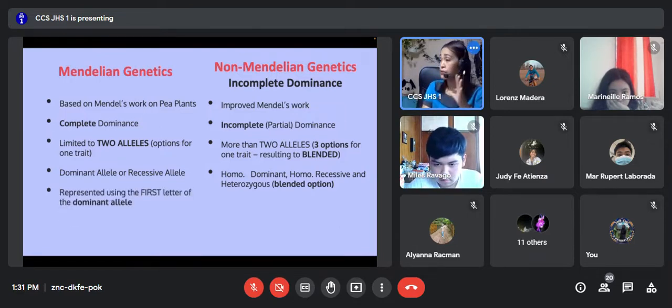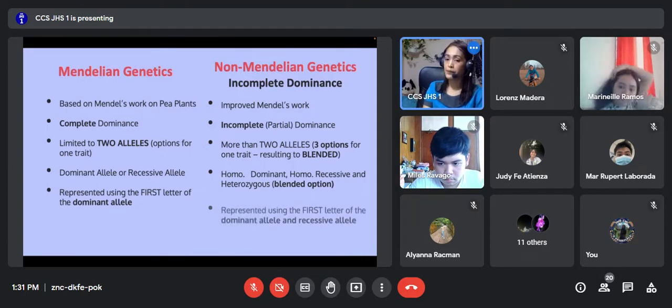And then, in terms of representation, when you talk about Mendelian genetics, the rule is that we use the first letter of the dominant allele. Whichever word is used to describe the dominant allele, the first letter of that descriptive word will be used as the coding for the genotype.